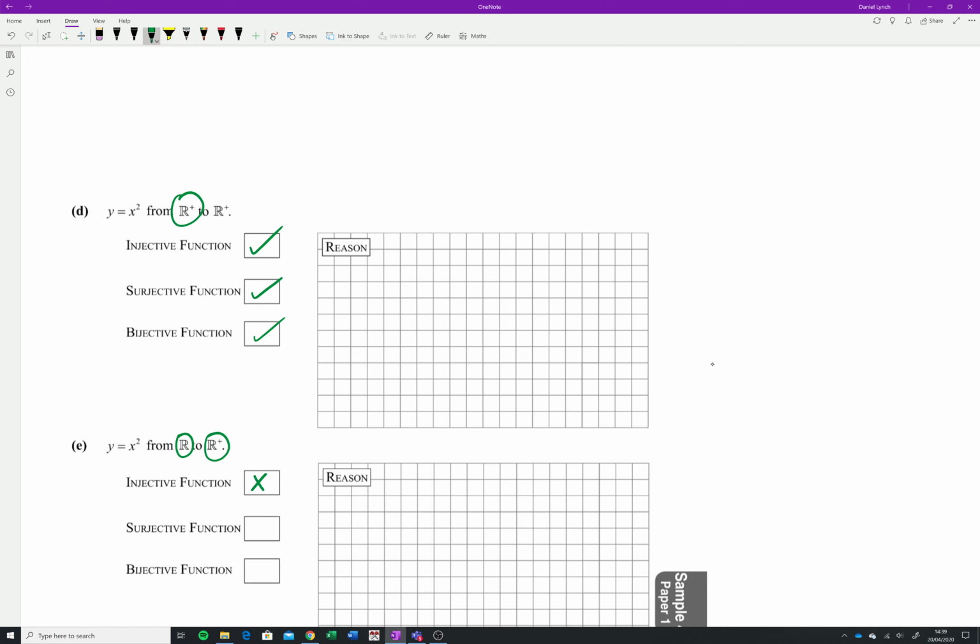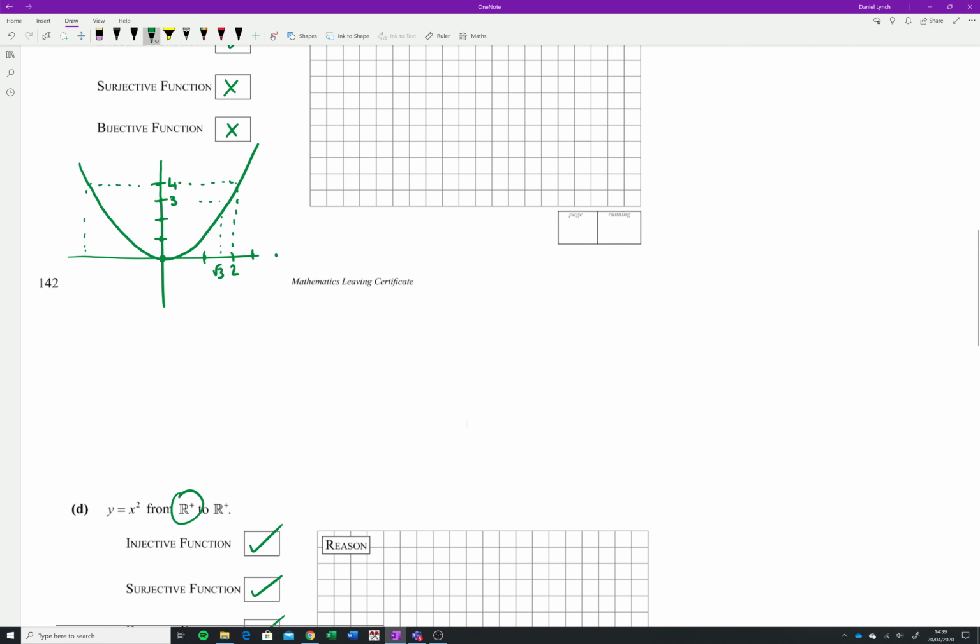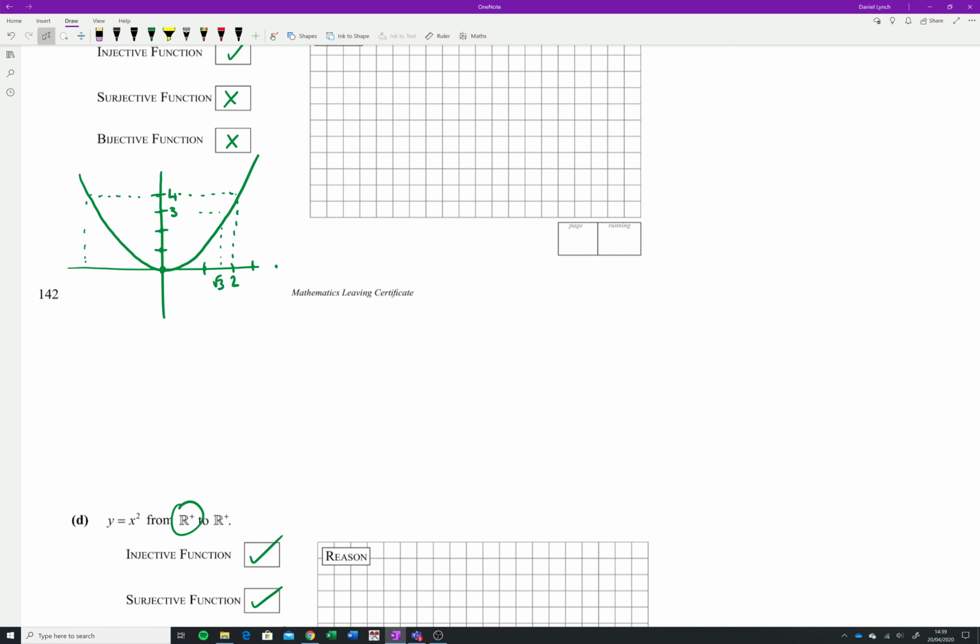Now, is it surjective? Is every y value used up? If we're only looking at the positive ones here, it looks like every y value gets used up. If you just draw lines for all the y being positive numbers, it'll always hit your graph.